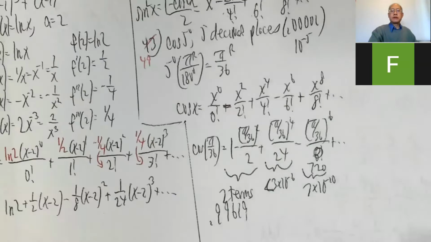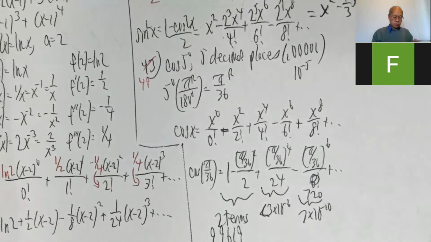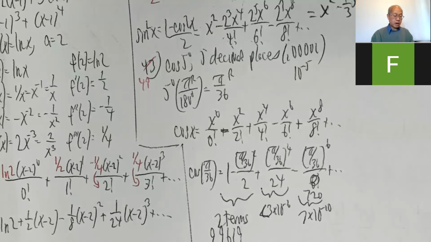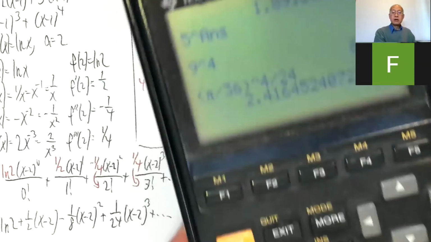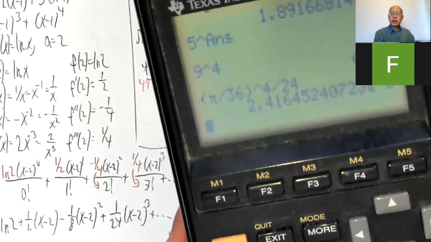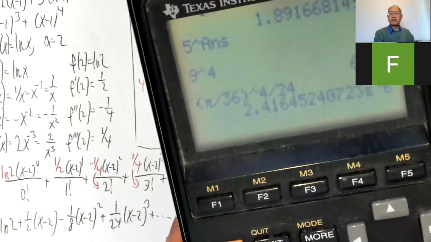Okay. Maybe I'll just try to show that to you. So let me see if I can show that to you. Pi divided by 36 to the 4th power divided by 24. 2.41, smaller than 3 times 10 to the negative 6.